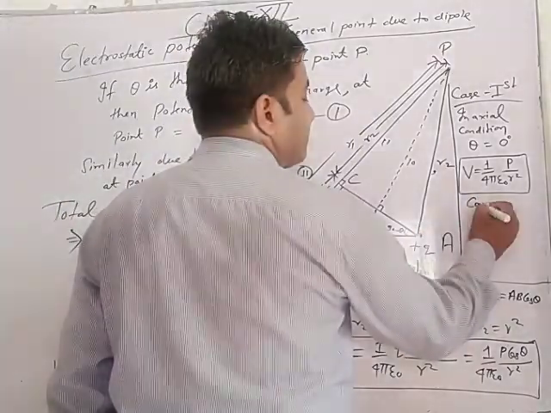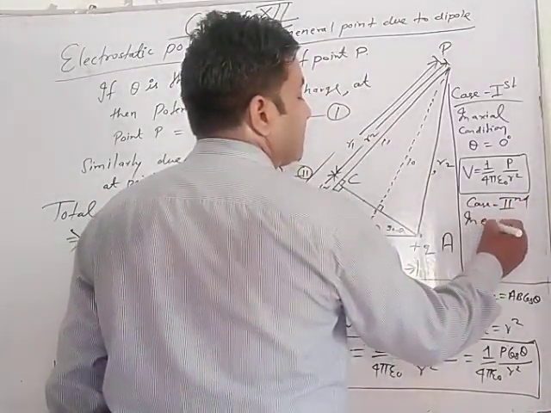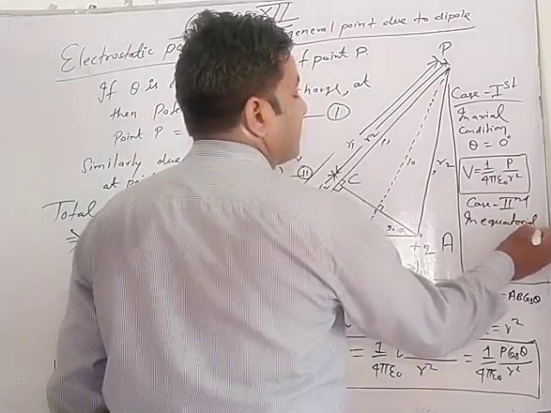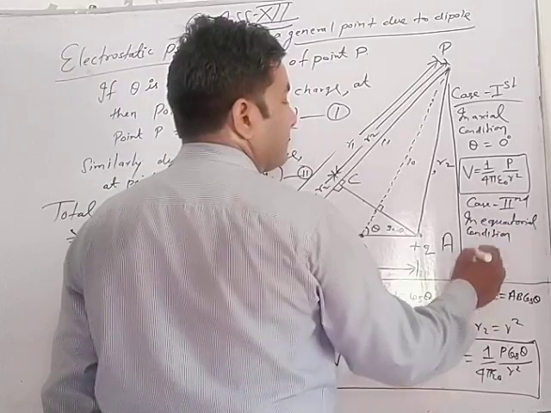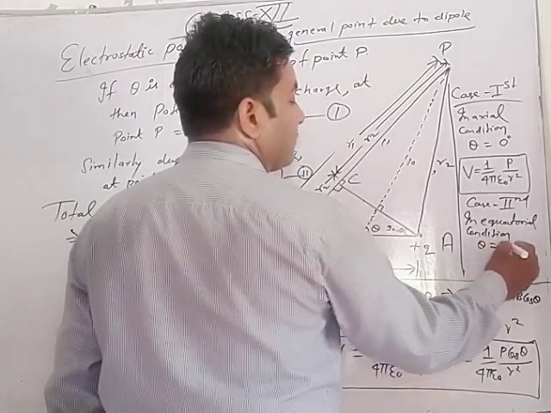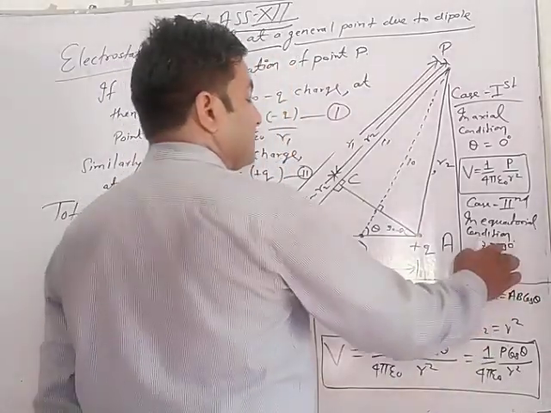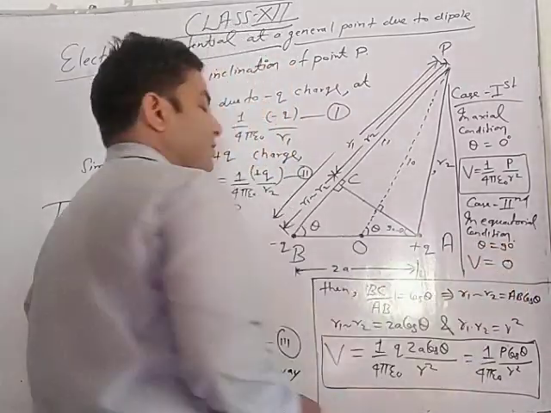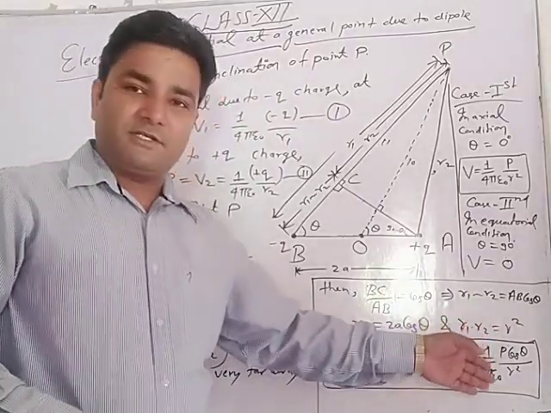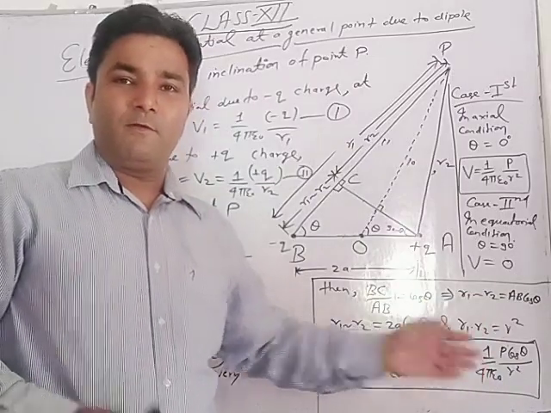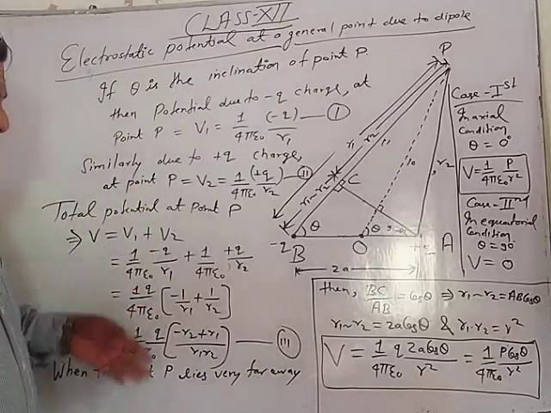Okay, second, in equatorial condition, theta is equal to 90 degree, so cos 90 is 0, so V is equal to 0, directly. Potential will be 0, cos 90 value is 0, so no need to solve further. Any constant term or fixed value, whenever multiplied with 0, then the total value becomes 0. So this is the derivation concept.